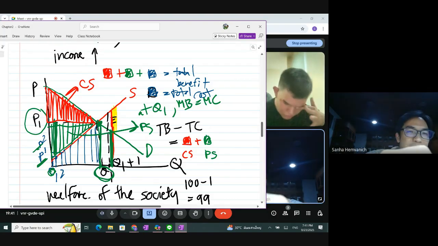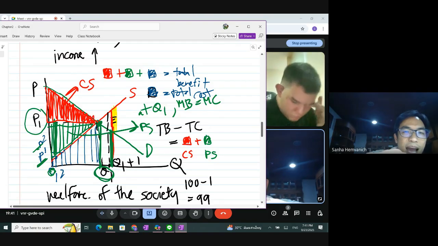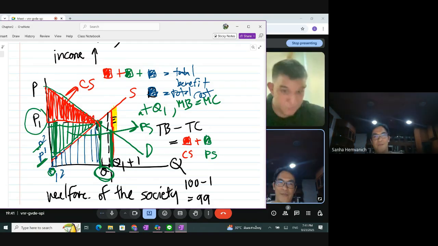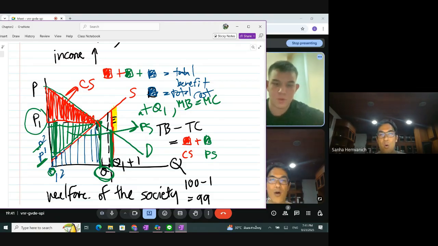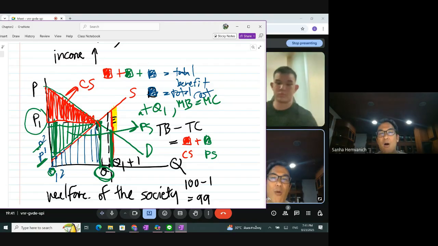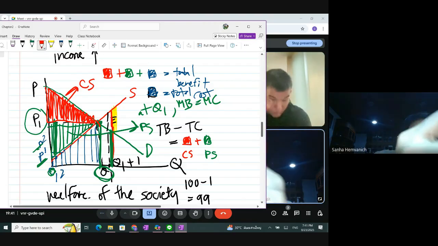It's big at the beginning, but it becomes smaller and smaller, and it stops here. So the question is, should we produce beyond Q1 or not? This is the equilibrium, but what is it here?